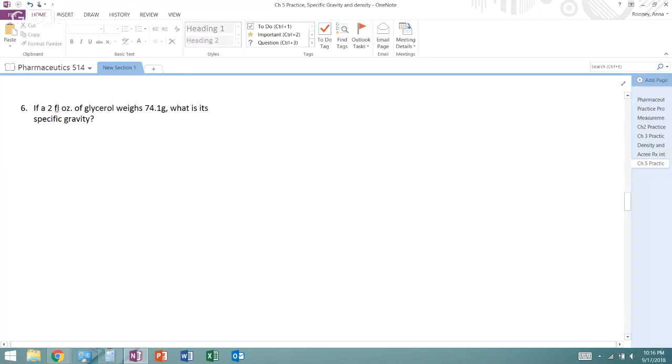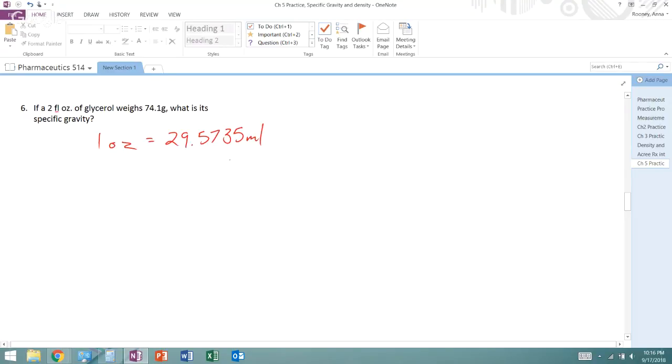All right, here's one of our little tiny bit more complicated questions. If 2 fluid ounces of glycerol weighs 74.1 grams, what is its specific gravity? So 1 ounce is, according to Google, 29.5735 milliliters.